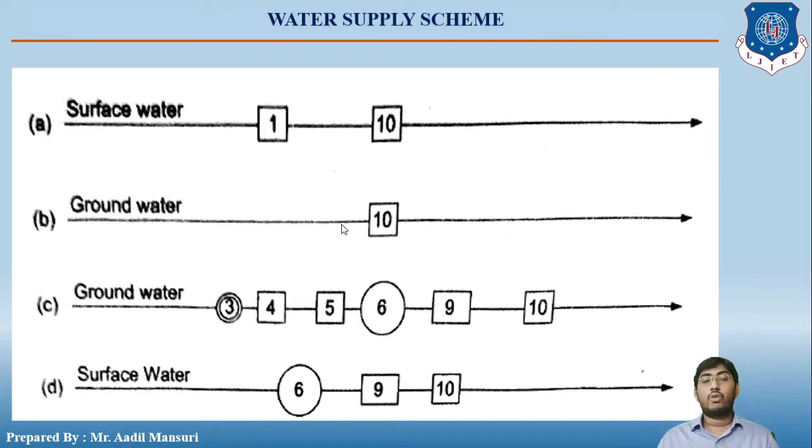That is for the first and the second figure, right? If they are well protected storage and if their turbidity is less than 10 NTU, then only plain disinfection, that is by chlorination, is done before the supply, right?